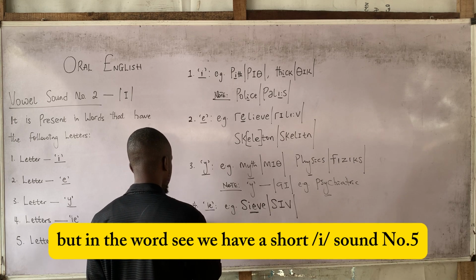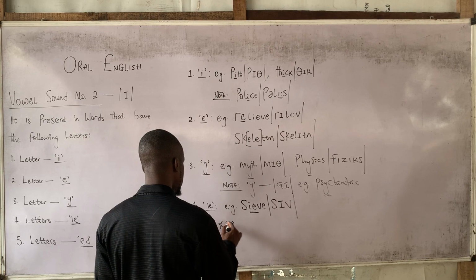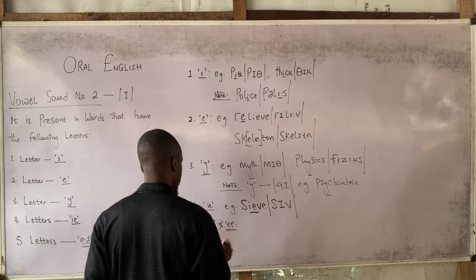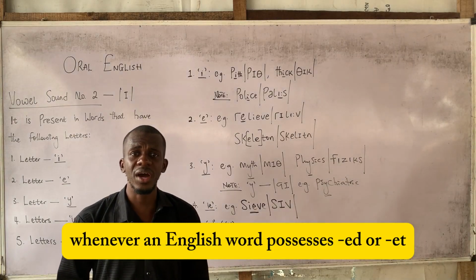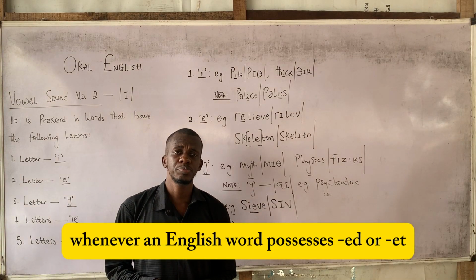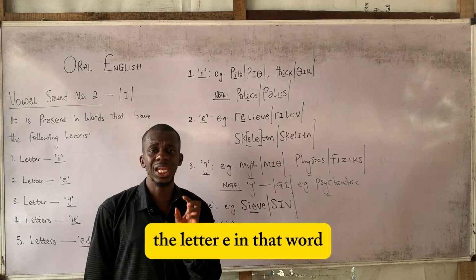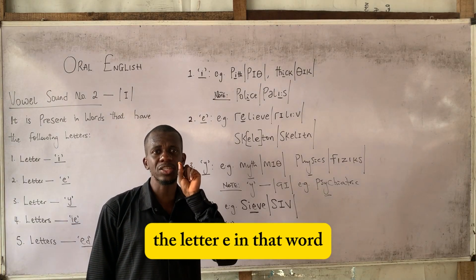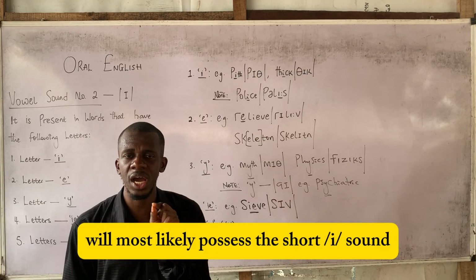Number 5, we have the letters ED and ET. Now, you must know that whenever an English word possesses ED or ET, the letter E in that word will most likely possess the short E sound.